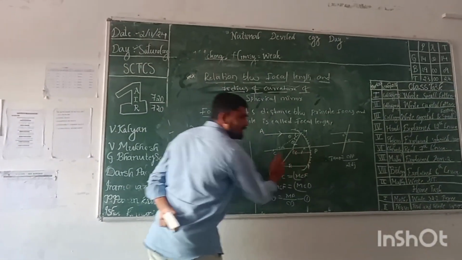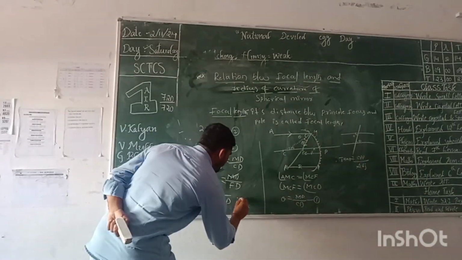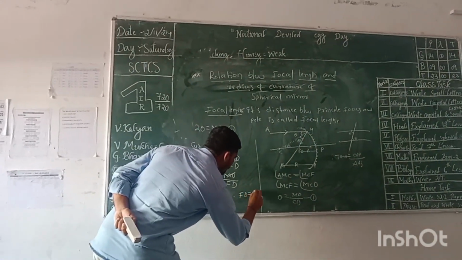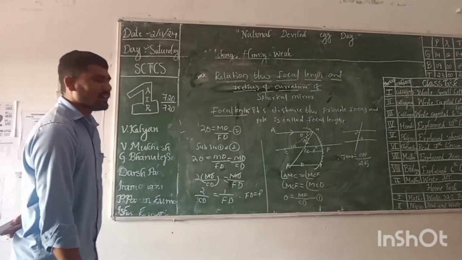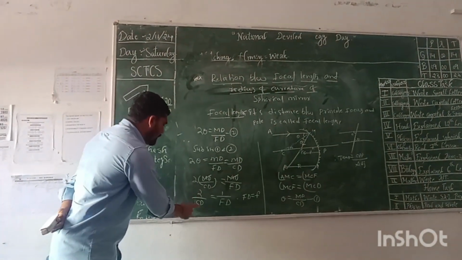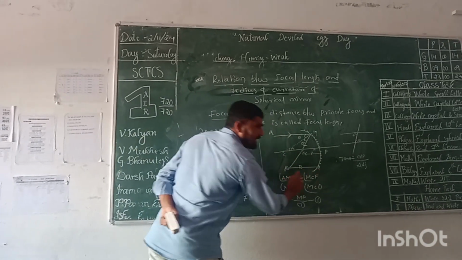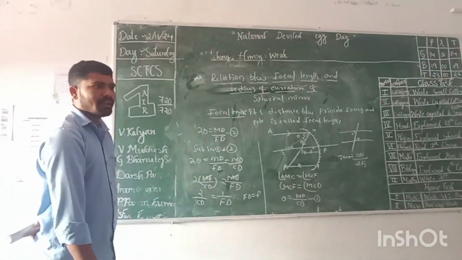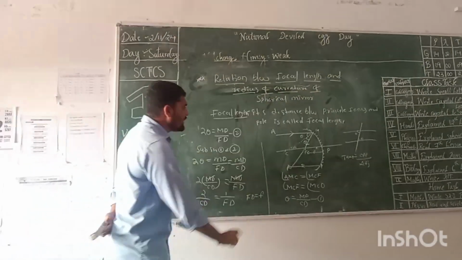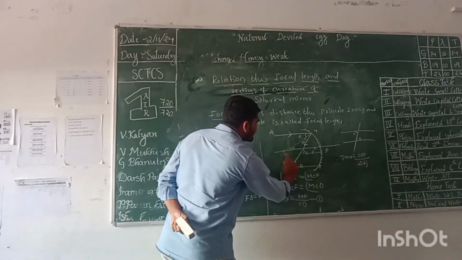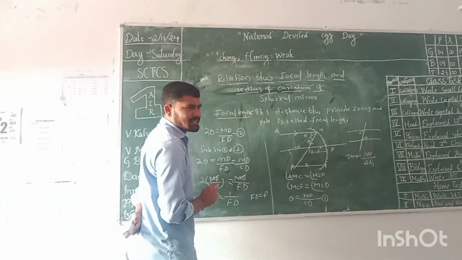What is FD? FD is the focal length. And CD is the radius of curvature, the distance from the center of curvature to the pole along the principal axis.